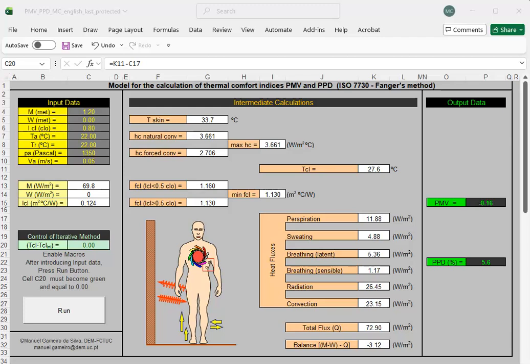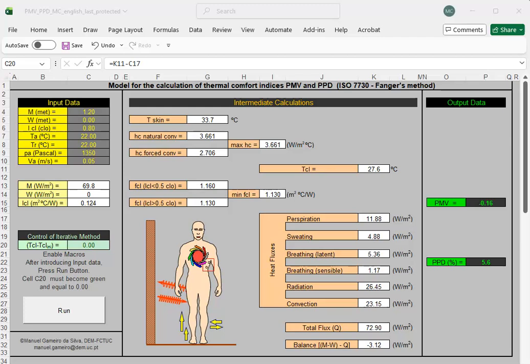In this method, we should do an iterative calculation to obtain the value of the external temperature of clothing, and that's why we need to have a computational tool to apply it.